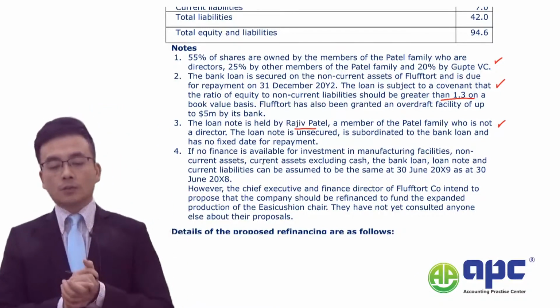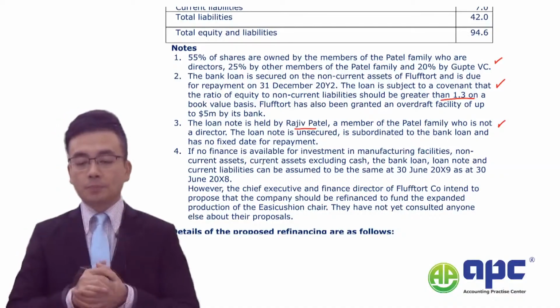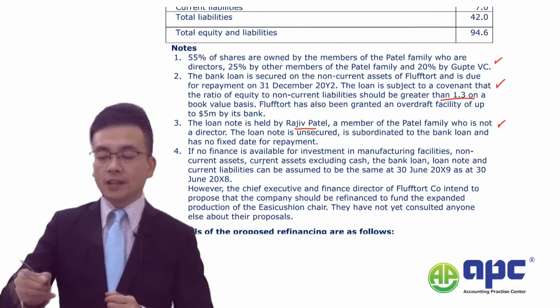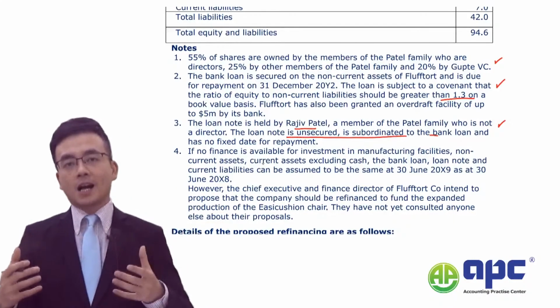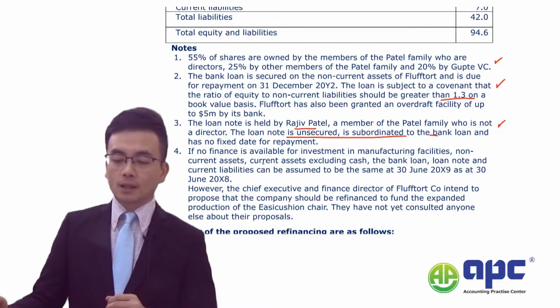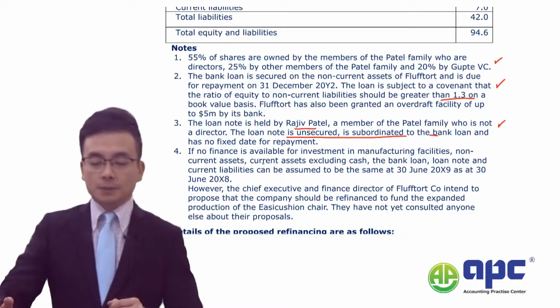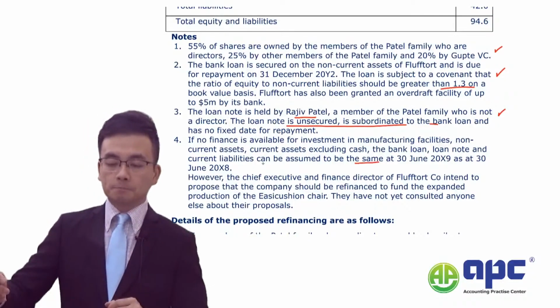The loan note is unsecured and is subordinated to the bank loan. So this means that although it's a loan note, it's a bit risky. It's a high risk loan. If no finance is available, non-current assets and so on could be assumed to be the same.